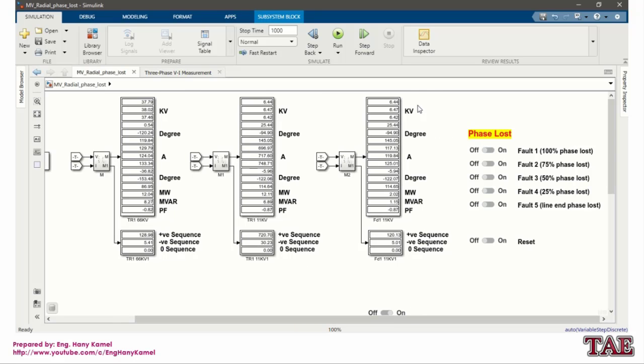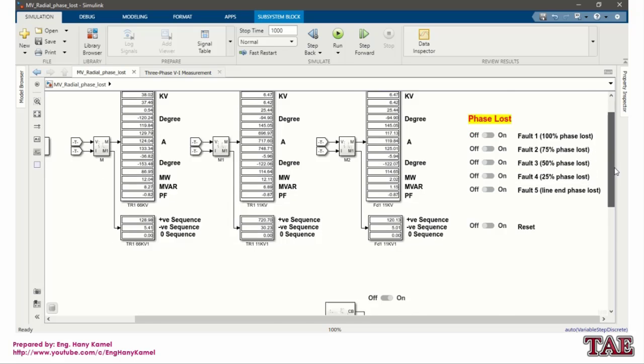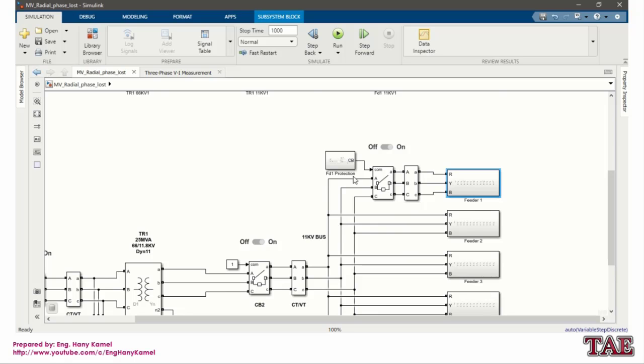And then feeder number 1 11 kV, voltage, magnitude and angle, current magnitude and angle, megawatt, megavar, power factor, and for current also the same. Now from these 6 switches we can control opening the lines, partitions.